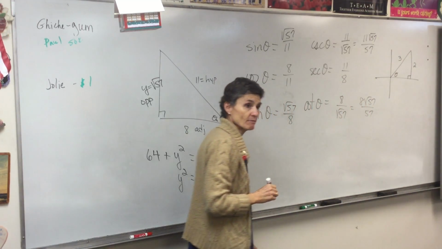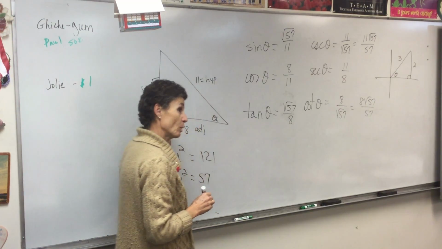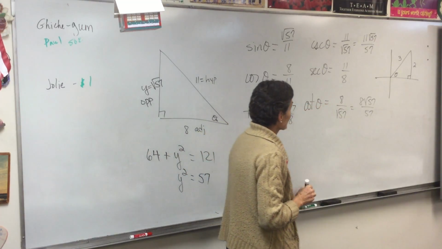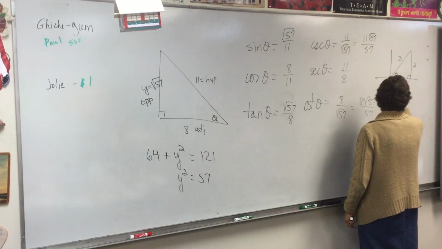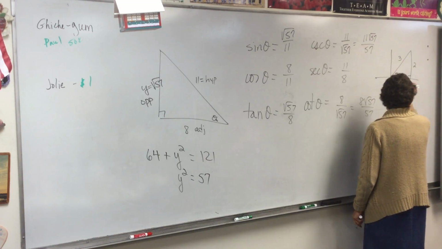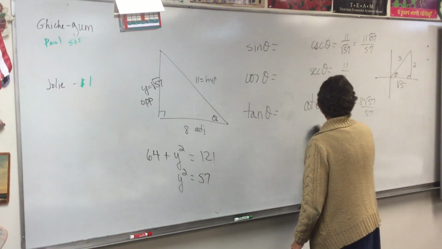Does that make sense to everybody? So now we're right back to where we were a minute ago. Now we need to find that third side, doing the Pythagorean Theorem. So what would that be? This side right here, what would that be? Square root of 5.